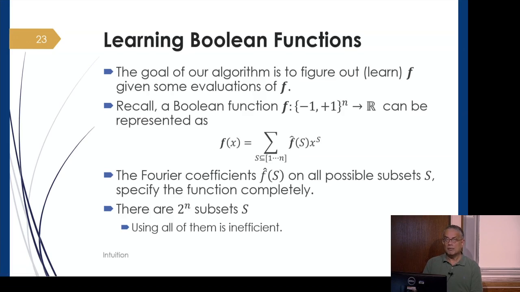Now we will use this form as a basis for defining efficiency. Instead of saying something simplistic, such as I can look at all its inputs and I know what f is, we will look at something hidden, its Fourier coefficients.